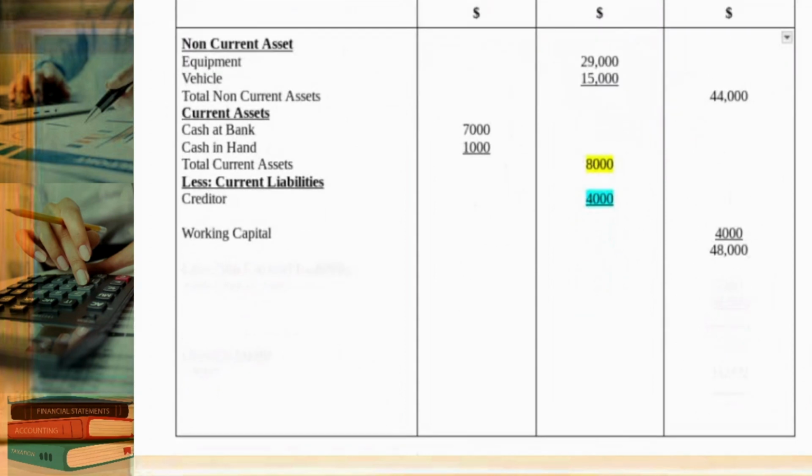So seeing that we had a non-current liability in the question, we're going to record it next. So that takes us to our next heading, less non-current liabilities. And that is the bank loan, which was repayable in 1 year.